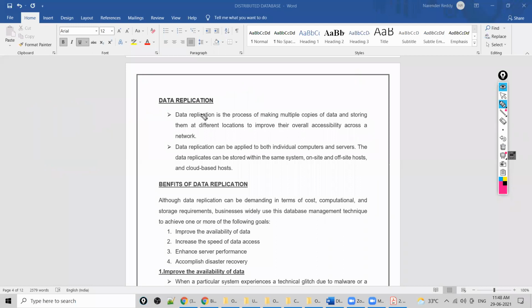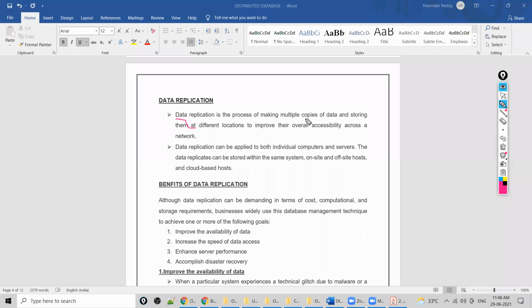Data replication is the process of making multiple copies of data and storing them at different locations to improve their overall performance. That is called nothing but data replication.